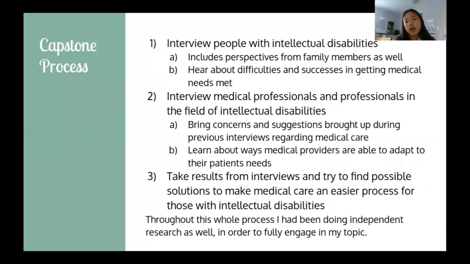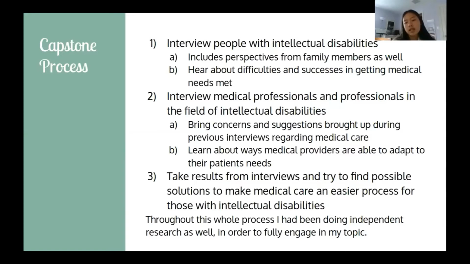I brought up different concerns that I had received from previous interviews, and I learned about ways that medical providers could adapt to help their patients' specific needs. And then from there, I took results from all of my interviews and tried to find possible adaptations and solutions to make medical care an easier process for people with intellectual disabilities.